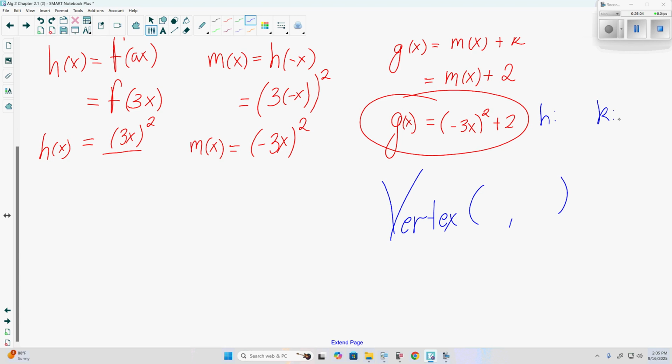I always put the parentheses around it just in case we have, say, 2x or 2 times this, like we have here where we have the 3. Here we don't need it, so we can drop the parentheses, plus 2, and we're done. Here we had to put the parentheses around it because that 3 is going to multiply with the negative x, giving us the negative 3x squared.